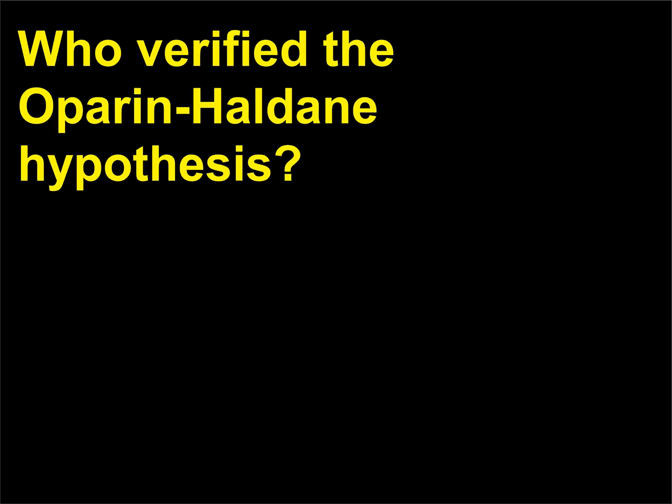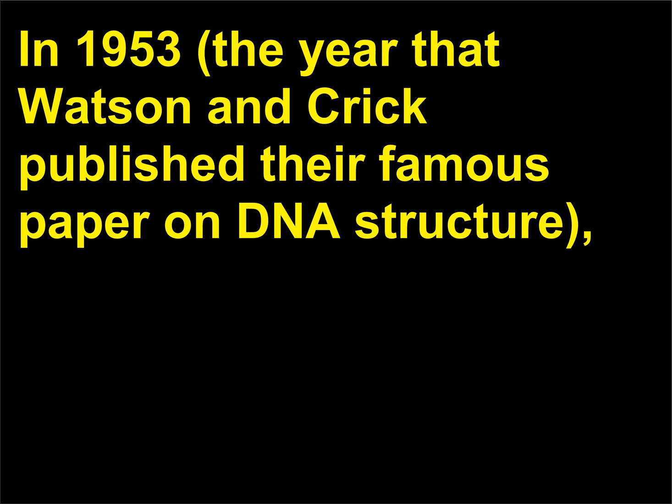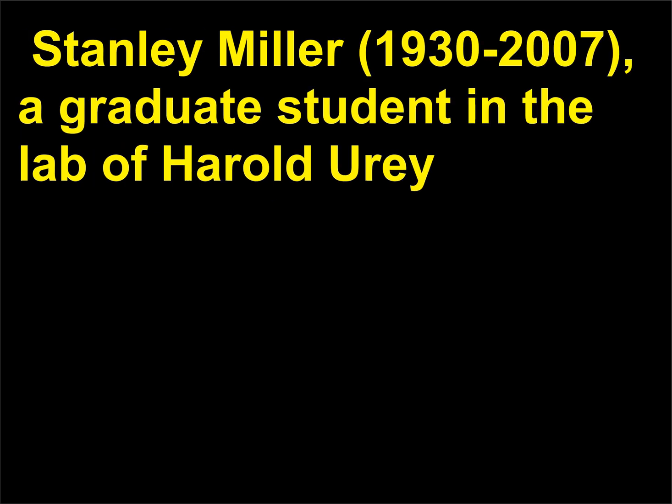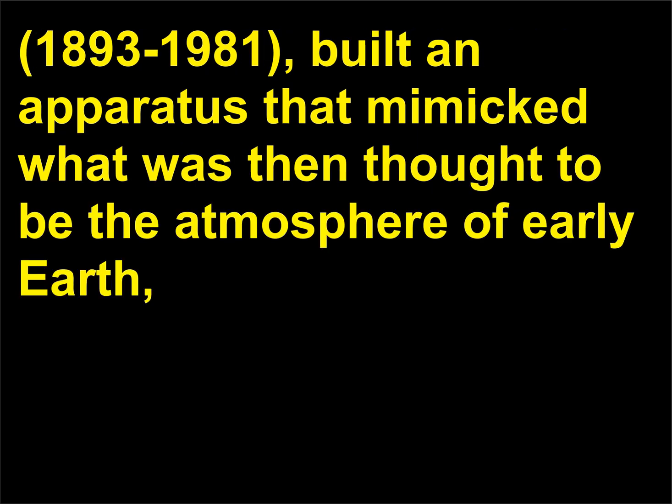Who verified the Oparin-Haldane hypothesis? In 1953, the year that Watson and Crick published their famous paper on DNA structure, Stanley Miller, 1930 to 2007, a graduate student in the lab of Harold Urey, 1893 to 1981, built an apparatus that mimicked what was then thought to be the atmosphere of early Earth.